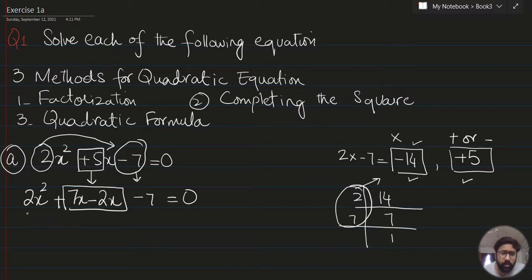The second step is to take a common factor from the first two terms and another common factor from the last two. There is nothing common except x in the first two, so it is going to be x bracket 2x plus 7. And remember, whatever sign is there with the third term, you are going to take it out as common.